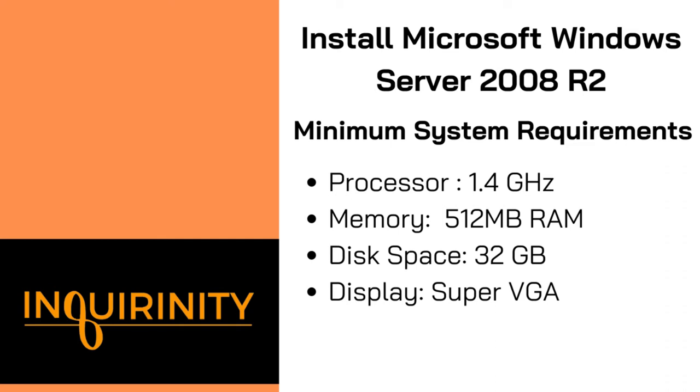For disk space, it requires a minimum of 32 gigabytes. But of course, computers with more than 60 gigabytes of RAM will require more disk space for paging, hibernation, and dump files. For display, it requires only a Super VGA or 800 by 600 resolution.